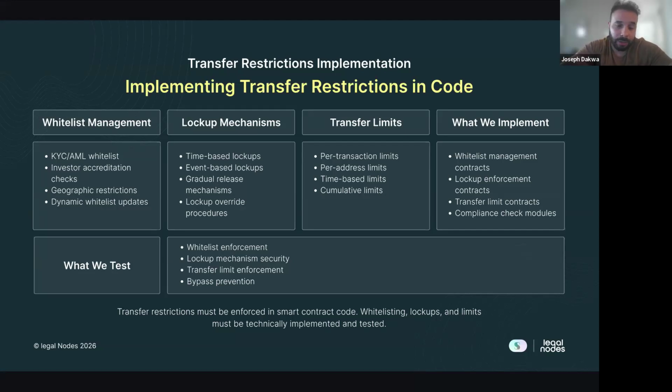Again, this is another smart attack vector. You want to make sure you facilitate that behavior or not facilitate it, and make sure that your system can cover it, basically. And so we implement those things from a whitelisting perspective, a lockup mechanism, and transfer limits as well.